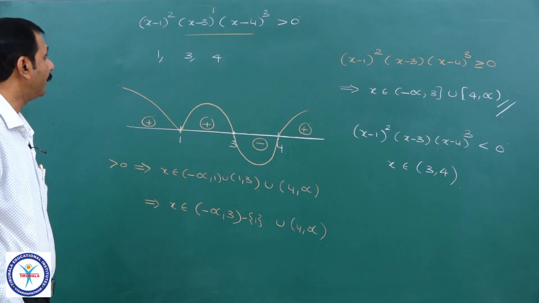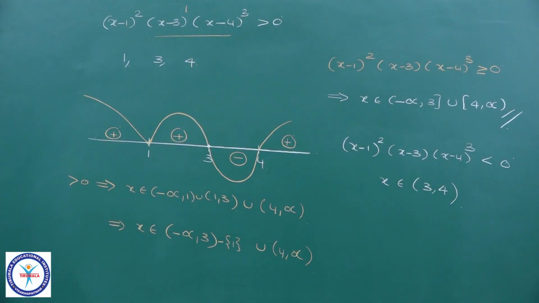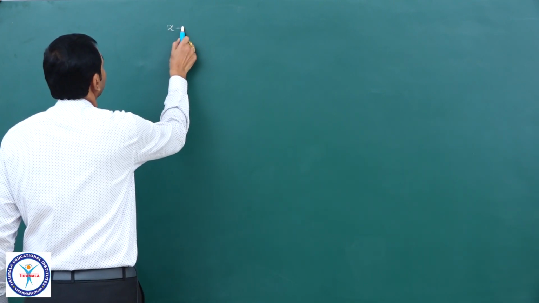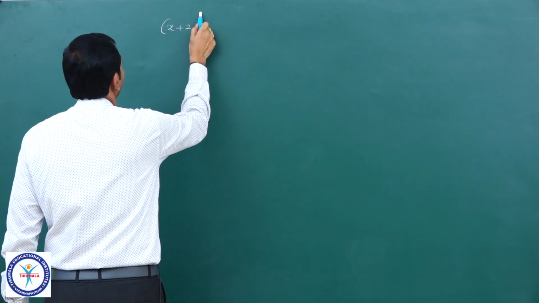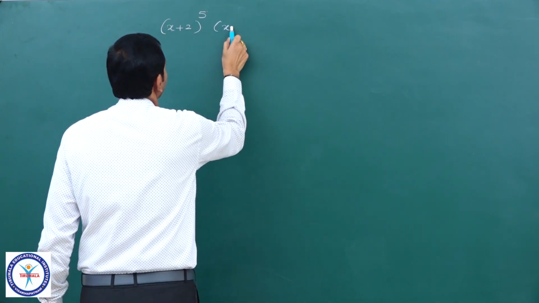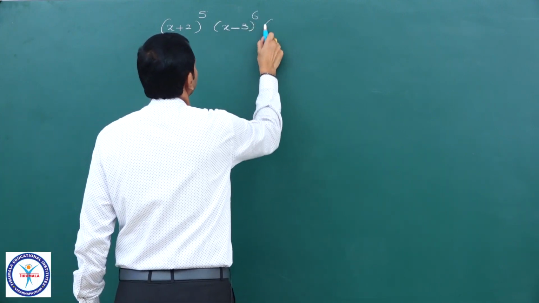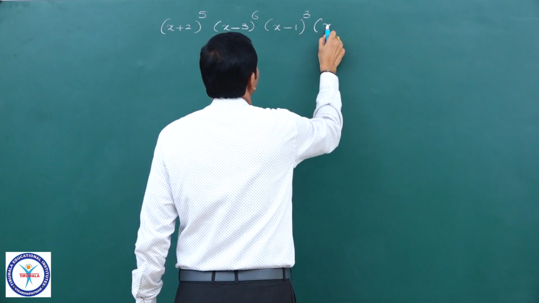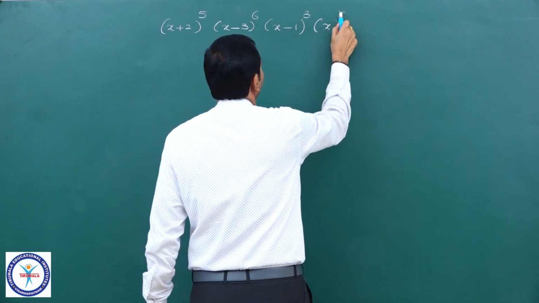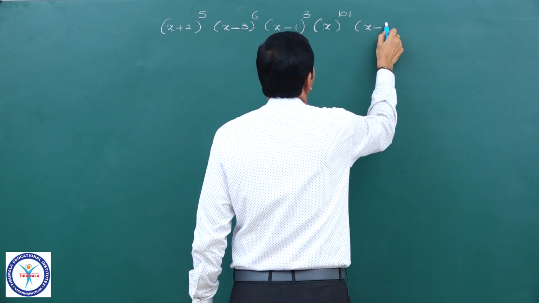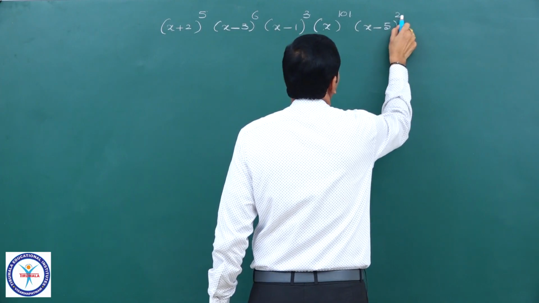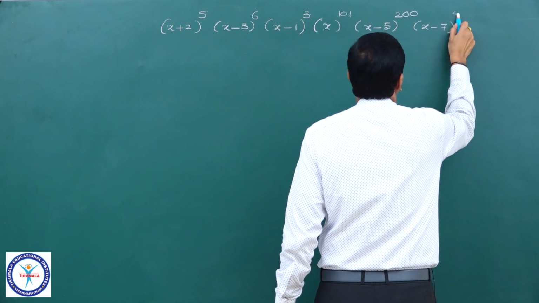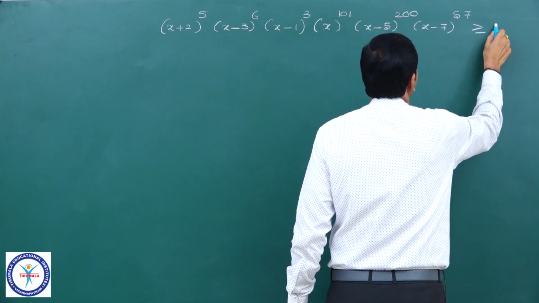Let us take one more problem of this type only and we will see that. We will handle one more problem of this type. (x plus 2) whole power 5, (x minus 3) whole power 6, (x minus 1) whole power 3, x power 101 into (x minus 5) whole power 200 into (x minus 7) whole power 57 greater than or equal to 0.